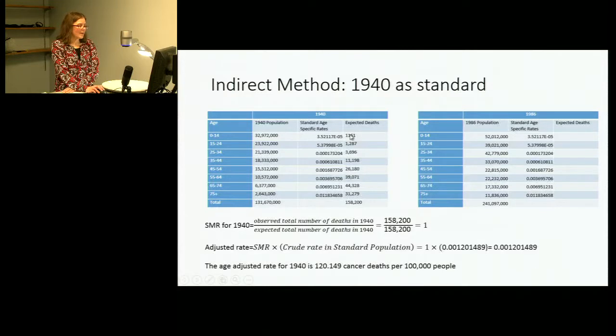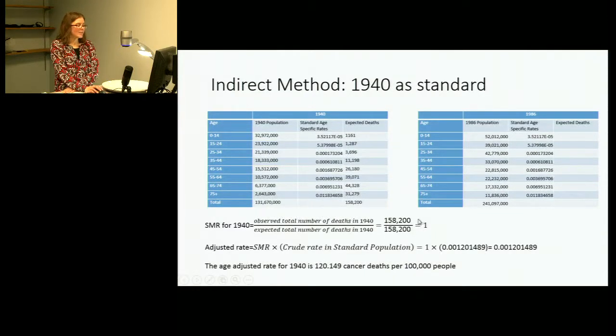Once we figure out the expected number of deaths, we take the total expected number of deaths, and we use it with the observed total number of deaths to find the standardized mortality ratio, SMR. So to calculate that, we take the observed number of deaths in 1940, divided by the expected number of deaths in 1940, and we get a ratio of 1.